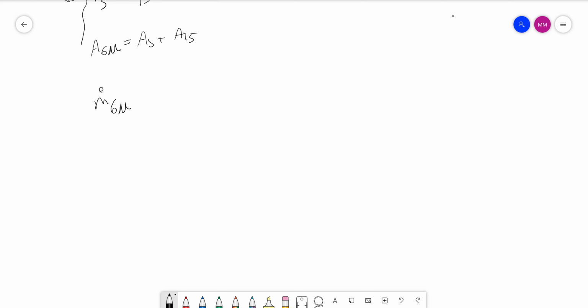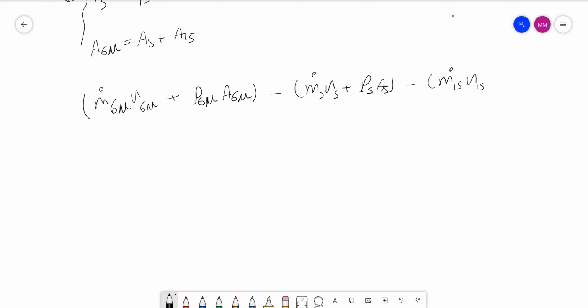So let's do station 6m first: the momentum plus the pressure force, minus the momentum and pressure force of the inlet, minus m dot 15 v15 plus P15 A15, which is the bypass exhaust, right?